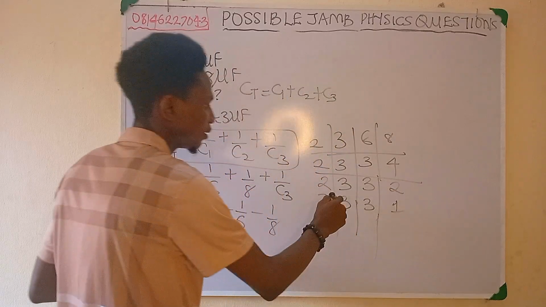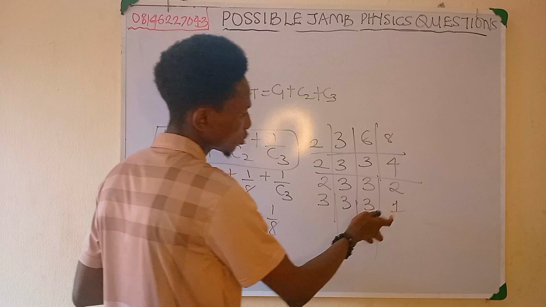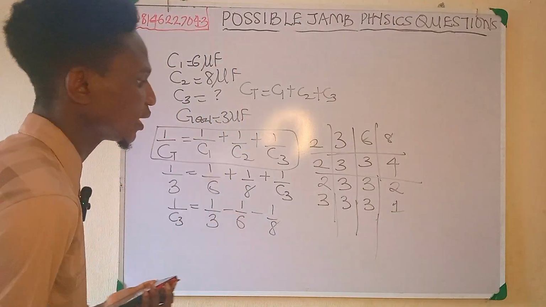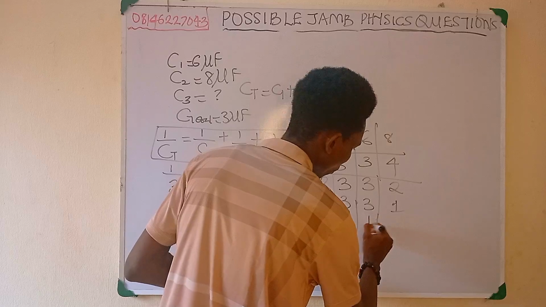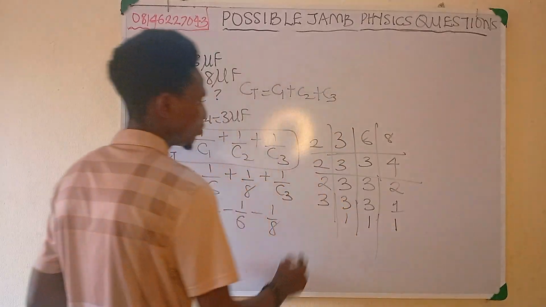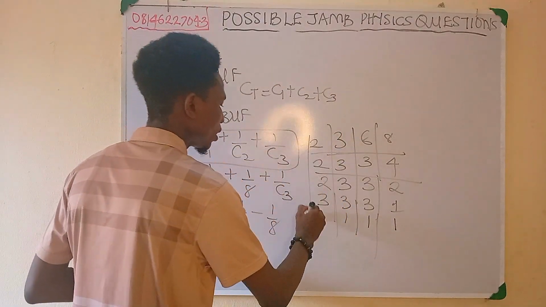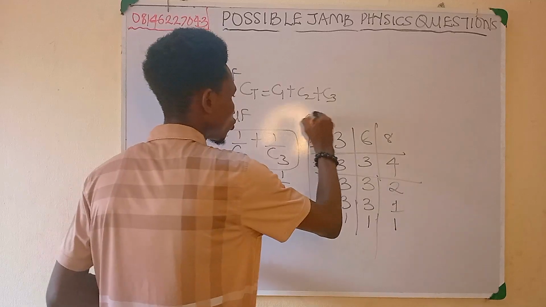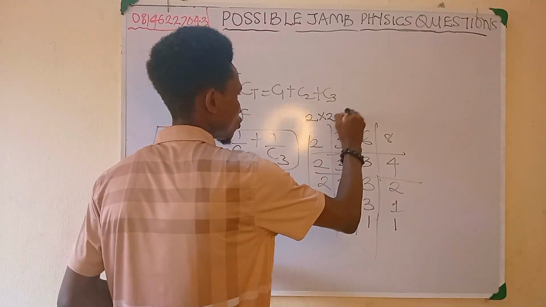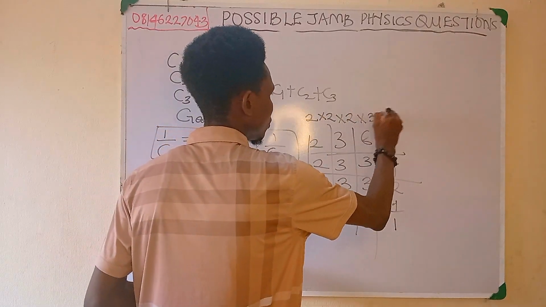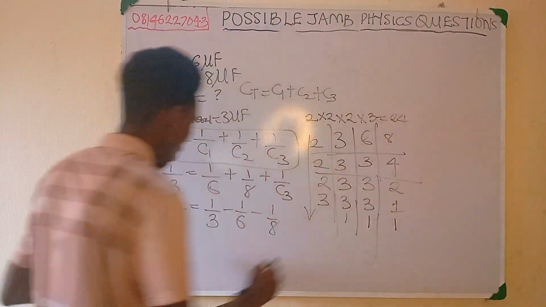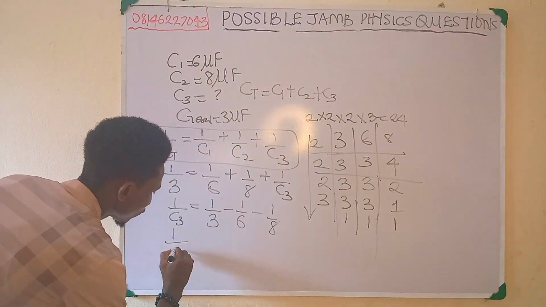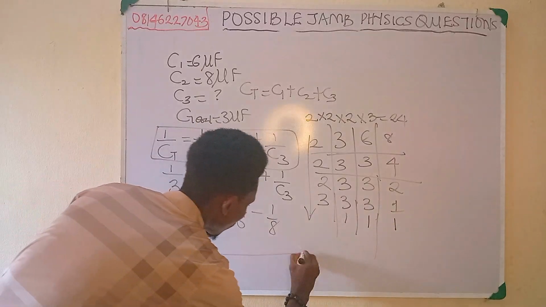Now we don't have anything that can divide by 2 again. So the next one is 3. 3 in 3, 1. 3 in 3, 1. We have our 1. So it means our lowest common multiple will be 2 times 2 times 2 times 3, which gives you 2 times 2, 4. 4 times 2, 8. 8 times 3, 24. So our LCM here is going to be 24. So we're going to write out our 24.